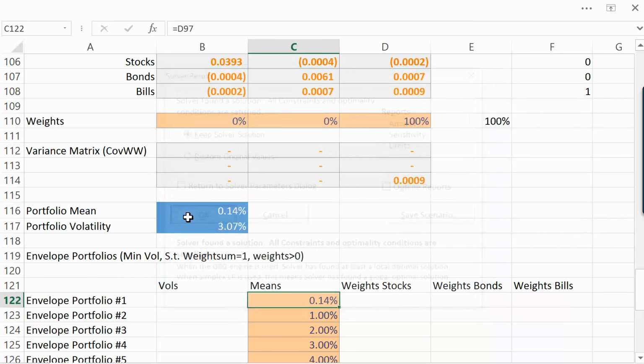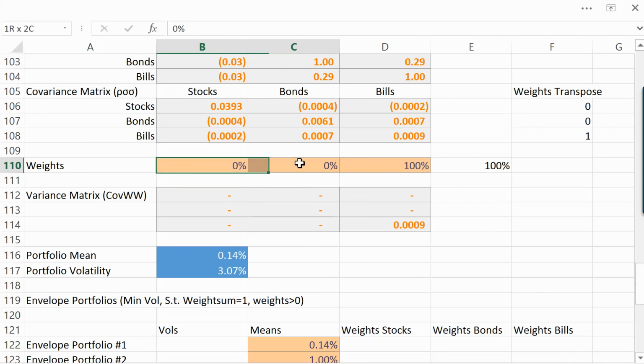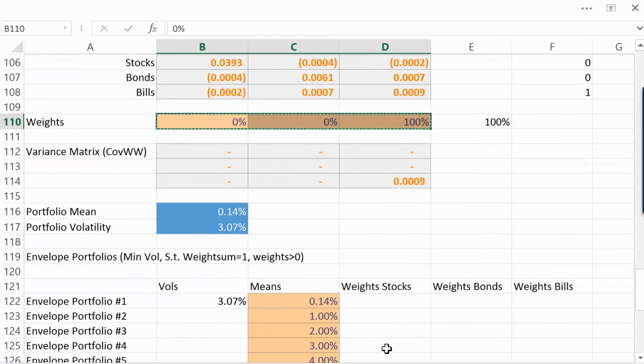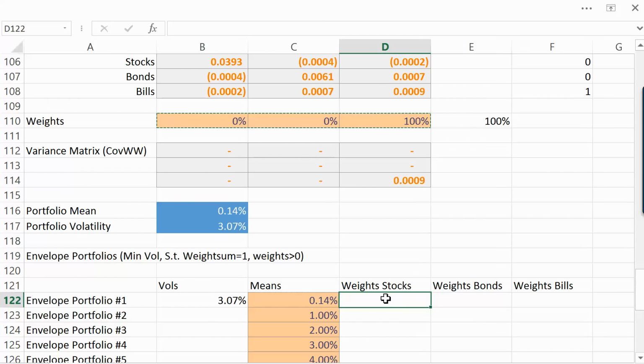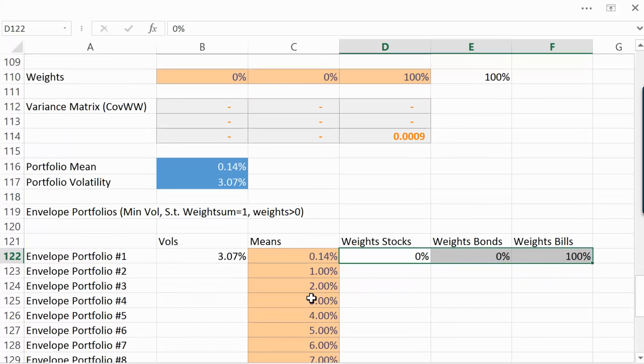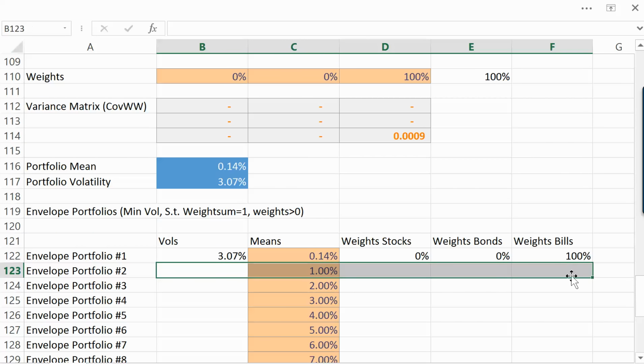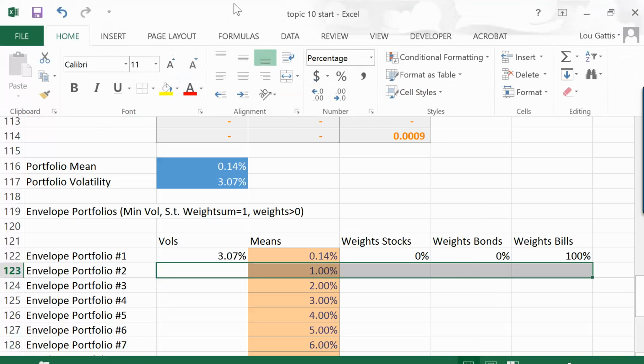And we'll solve. And what you see is the portfolio has a 307. I'll copy that as a value. And it's invested 100% in bills. And I can do the next portfolio. Let's find the best 1% portfolio. I'll go to solver.